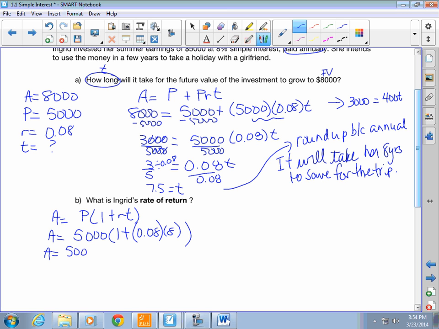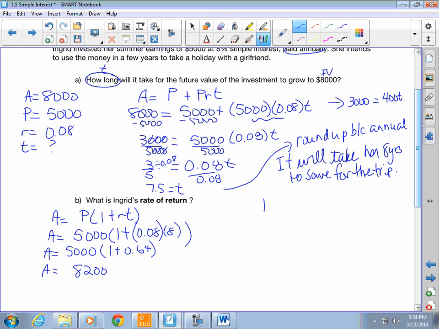So this is 5,000 times 1 plus 0.64. So 5,000 times 1.64 is 8,200. So by the time those 8 years are over, she'll have a little bit more than that 8,000. She'll have 8,200. So what is her rate of return then?